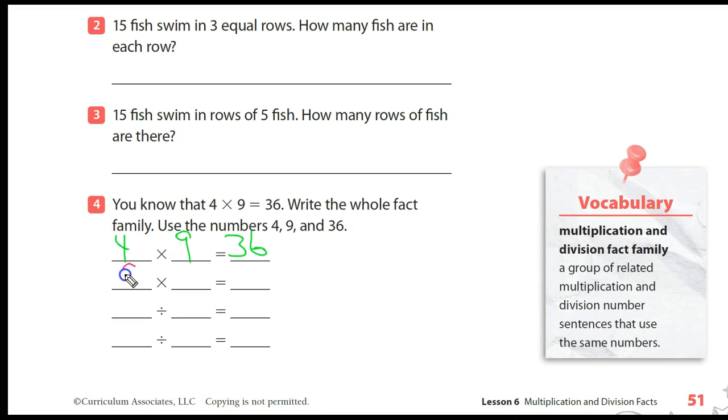Okay. So you said 9 times 4 equals 36. What else do we have? Aubrey, keep going. 36 divided by 9 equals 4. Yes. What else? Well, here I have 36 divided by 9 equals 4.